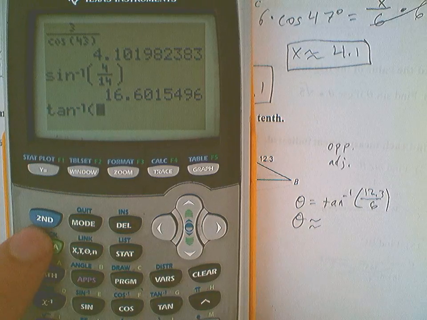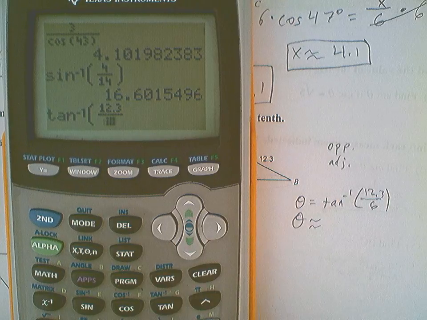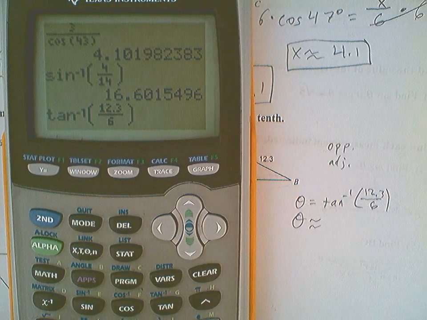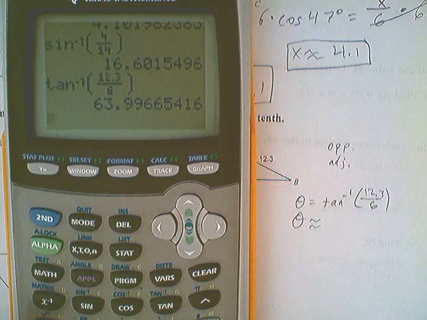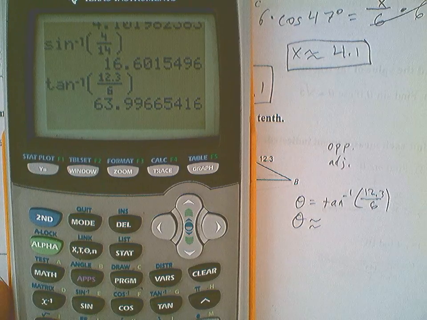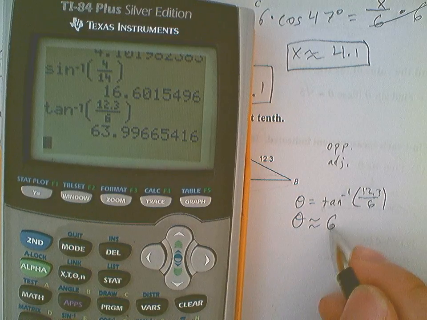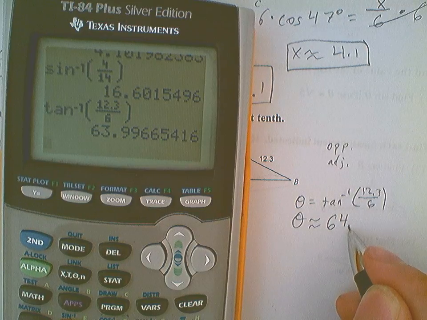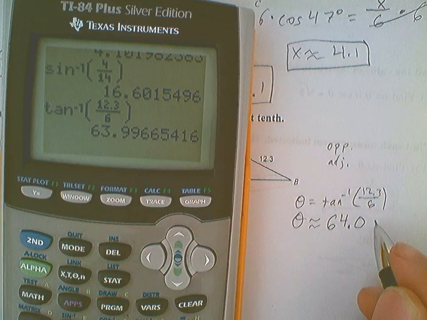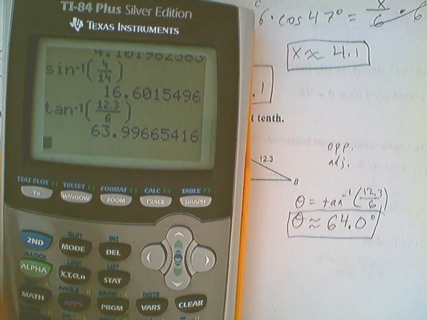So I'm going to put 12.3 on top, 6 on bottom. Close parentheses. So 63.99. If I'm rounding to the nearest tenth, that would make this angle 64.0. So 64.0 degrees is my answer here.